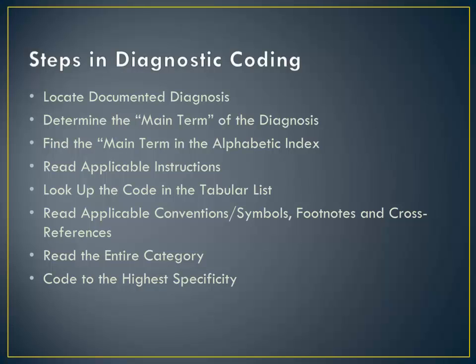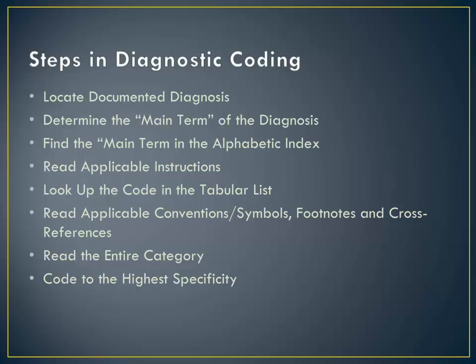So the steps in diagnostic coding and procedural coding, we'll take a look at those in a minute, but they are very similar. First thing that we would want to do is to locate the diagnoses that's documented by the healthcare provider. We would determine the main term of the diagnoses, and by main term, I'm referring to diabetes, hypertension, influenza.